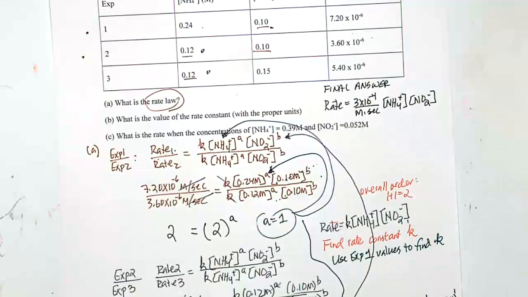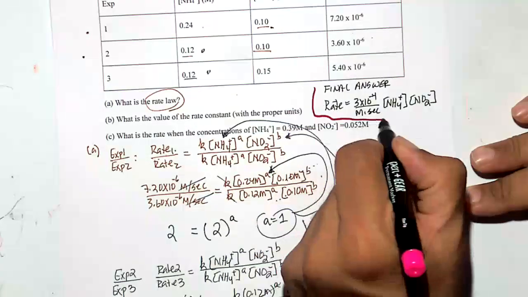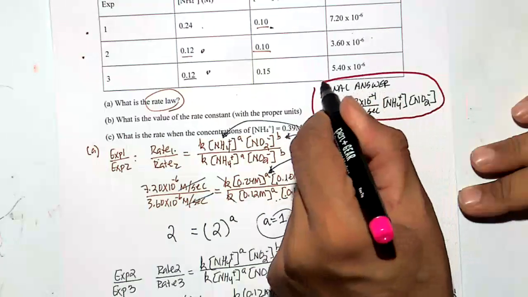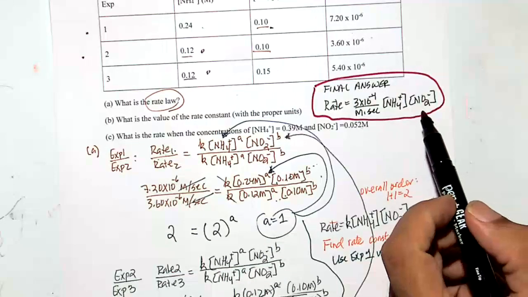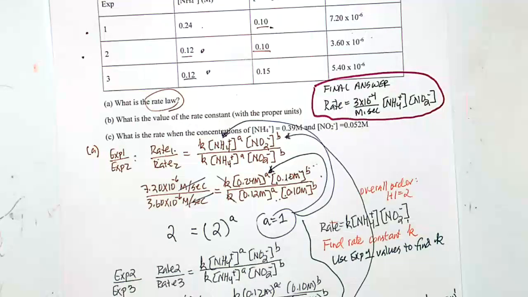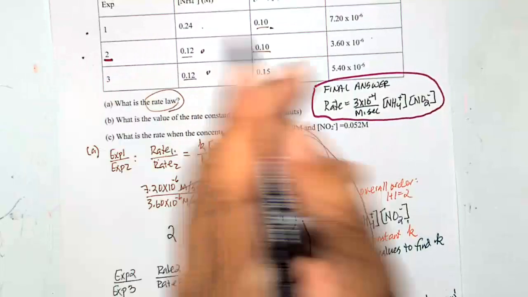We can check our answer. How can we check our answer? We'll check it by plugging in some values. Let's use experiment 2.